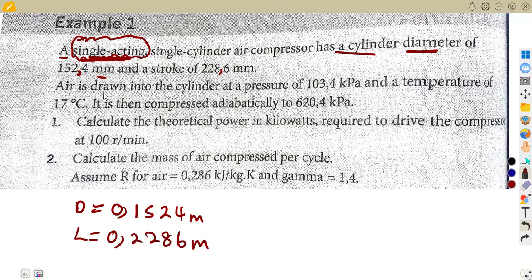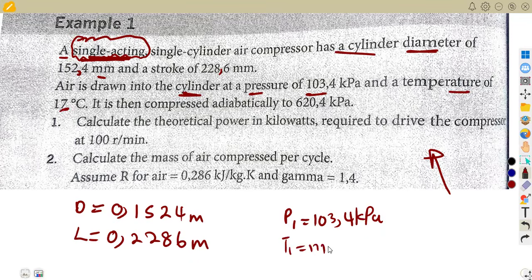The question is, air is drawn into the cylinder at a pressure of P1, 103,4 kilopascal, and a temperature T1 of 17 degrees. 17 plus 273 will be 290 Kelvin.